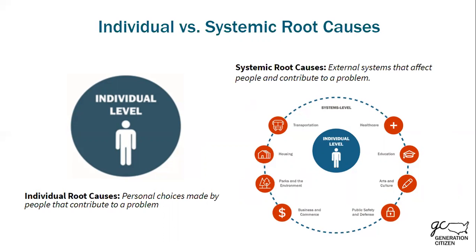And so we really want to frame working on the project in a systemic way. Let's use the example of homelessness, for instance. At an individual level, a student might argue, oh, the person's homeless because they're lazy, they don't work hard enough.